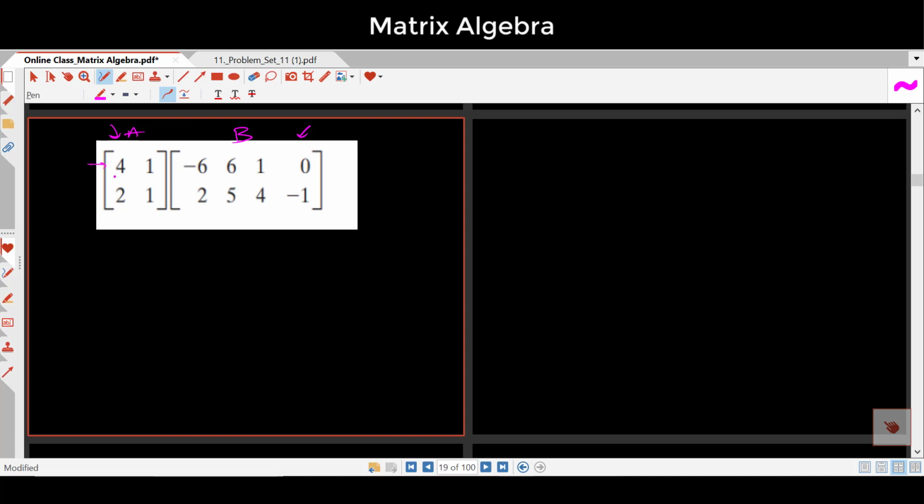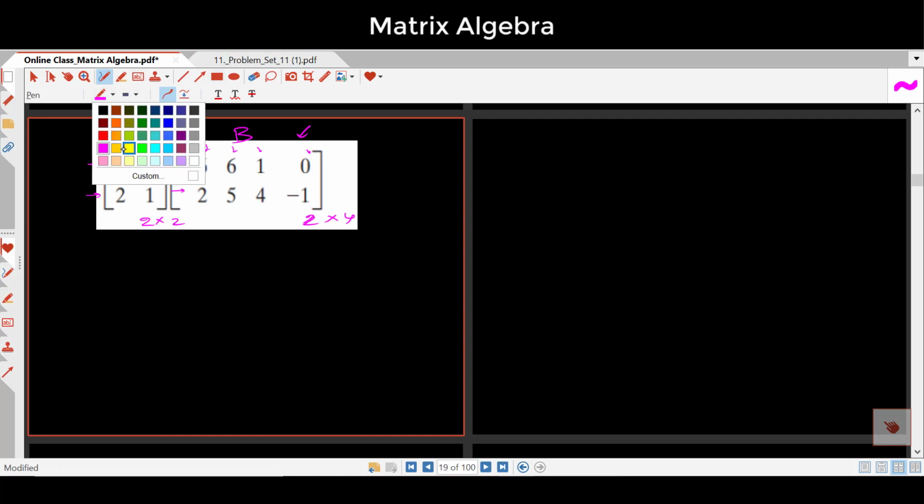The first matrix has 2 rows, 2 columns, that is 2 by 2. What about the second matrix? It has 2 rows and 1, 2, 3, 4, so 2 by 4. The order of the first matrix is 2 by 2. Order of the second matrix is 2 by 4.